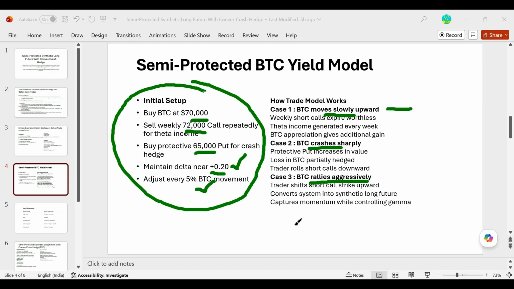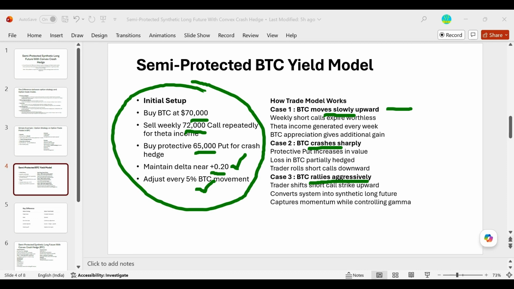For all these three cases you have predefined logic, and that logic makes it different. So here I have told you what a strategy is and what a model is, what an option strategy is and what an option strategy model or yield model is.